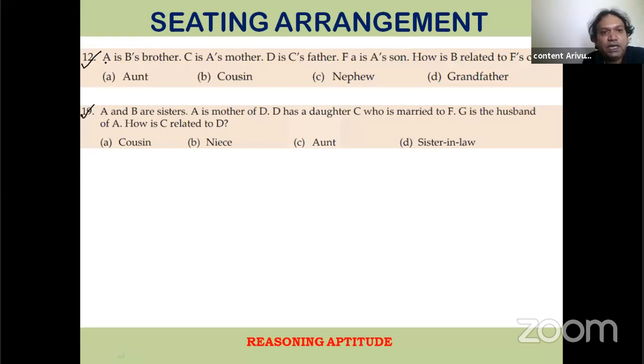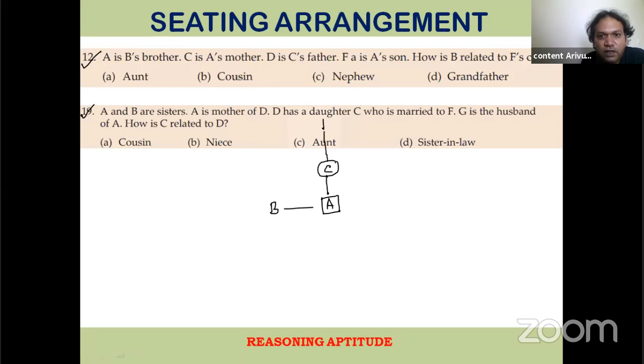A is B's brother. So B has a brother A. C is A's mother. So C is the mother of A. D is C's father.